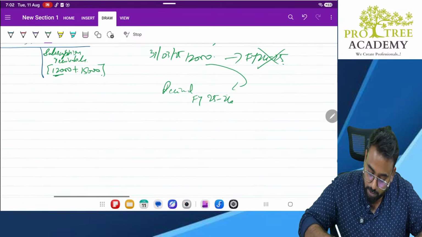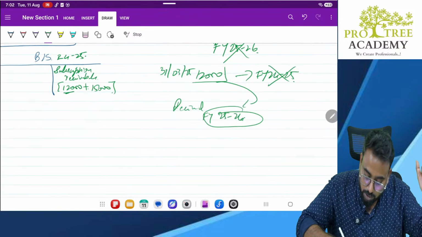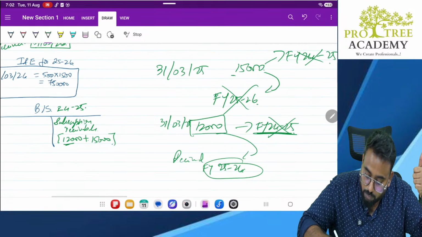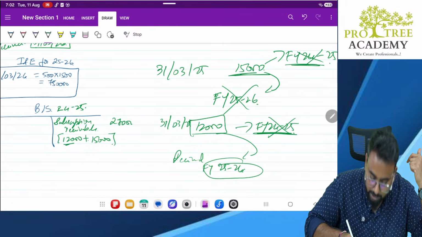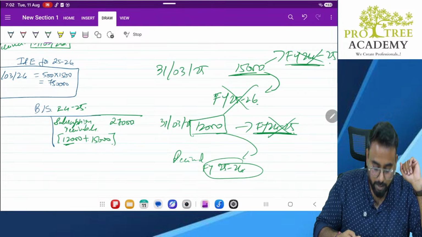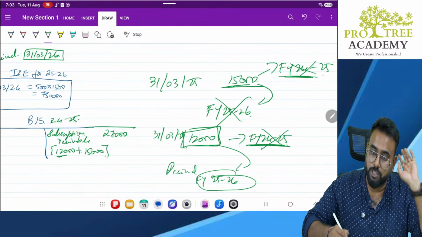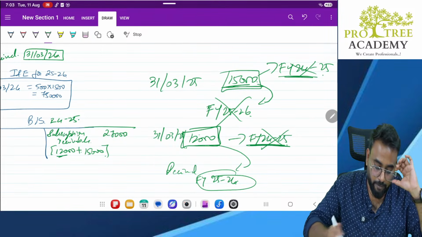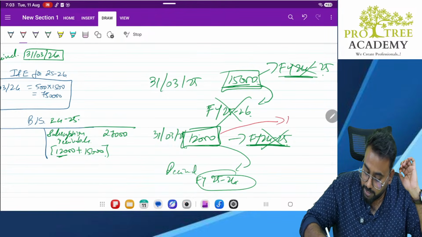So this has been received for 24-25. But does it mean that 12,000 rupees was receivable for 24-25? Yes. 15,000 was receivable for 24-25? Yes. So total 27,000. Clear? See, this 12,000 is receivable for 24-25. This 15,000 is also receivable for 24-25. But going forward, this 12,000 received in 25-26.